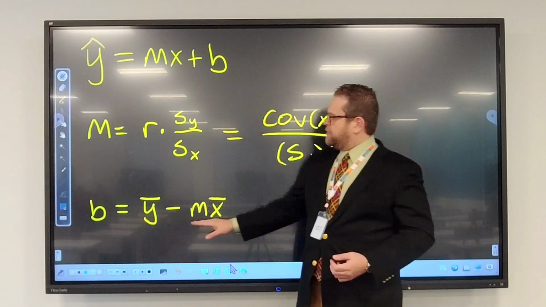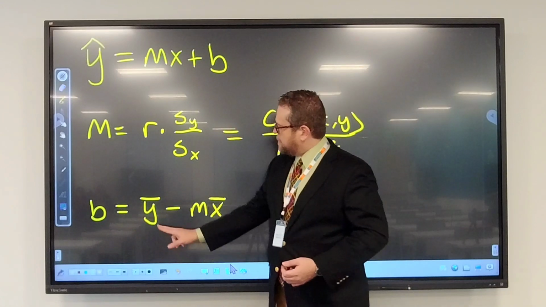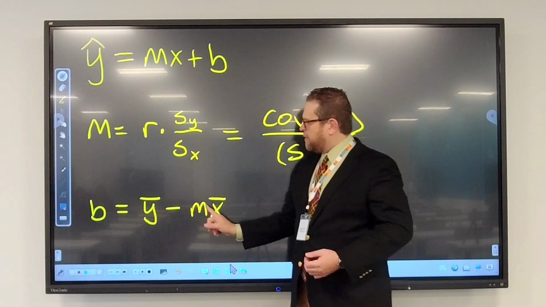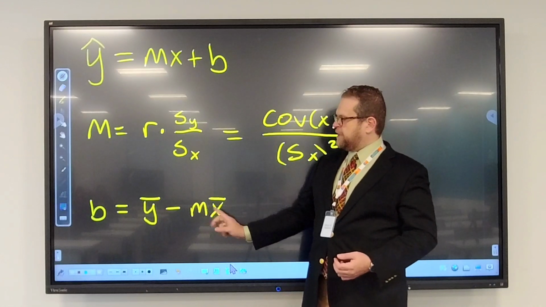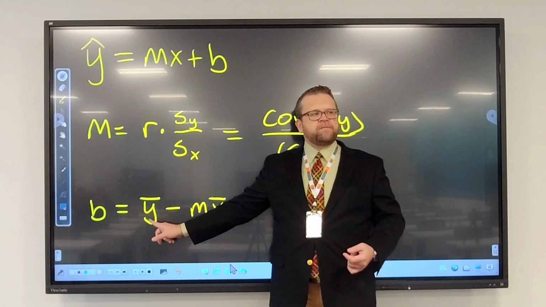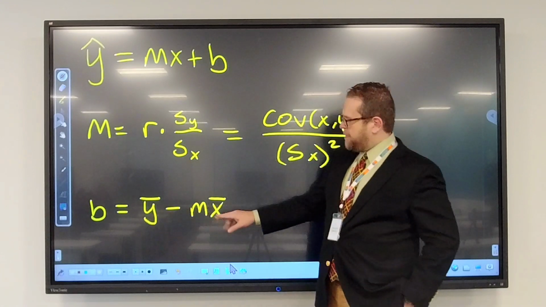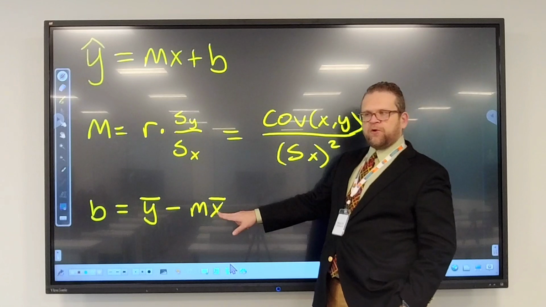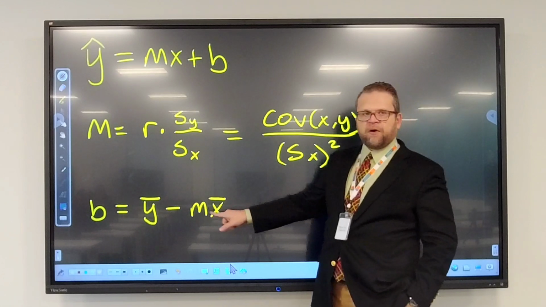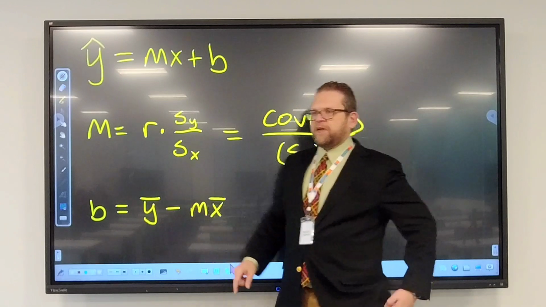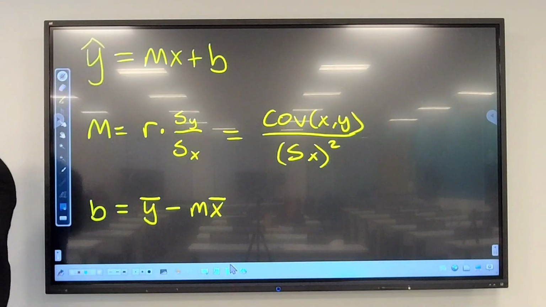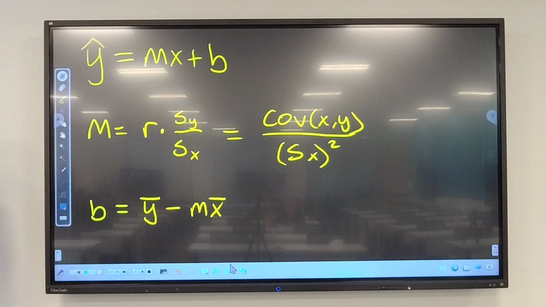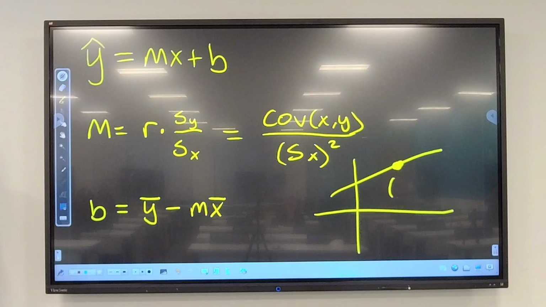Finally, if you want to compute the B value, the place where it crosses, look at what's involved. X bar and Y bar. Of course, you need M first, but what does this mean? This tells you that your best fit line goes through the point X bar comma Y bar. The best fit line goes through the average of the x coordinates and the average of the y coordinates, as an ordered pair.